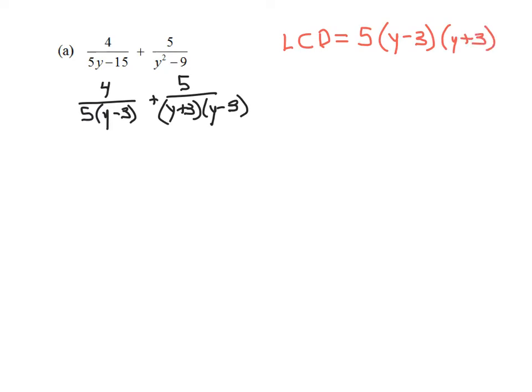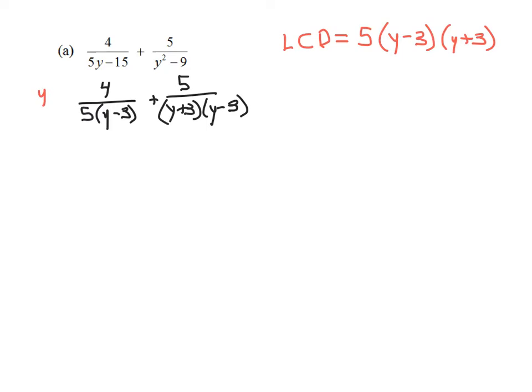So just like in the first example, I am going to multiply my numerator and denominator by whatever the least common denominator needs that the fraction is missing. So for example, the first fraction, 4 over 5 times y minus 3, that's missing a y plus 3.